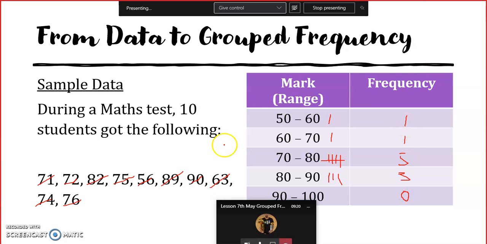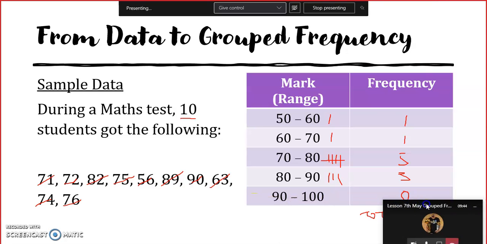It also makes sense because it says 10 students got the following marks. If we add up all the frequencies, 1 plus 1 is 2, then plus 5, that's 7, plus 3, the total of the frequency will be equal to precisely 10 because there are 10 students who got the following scores.